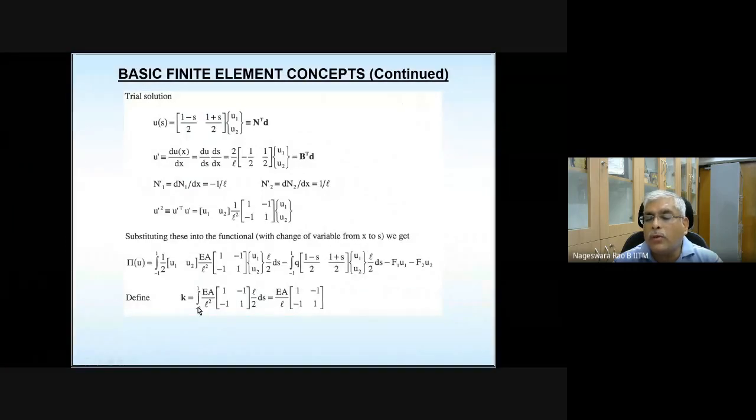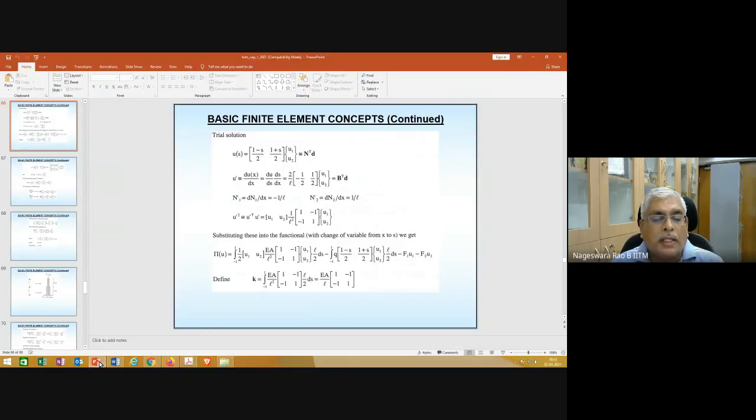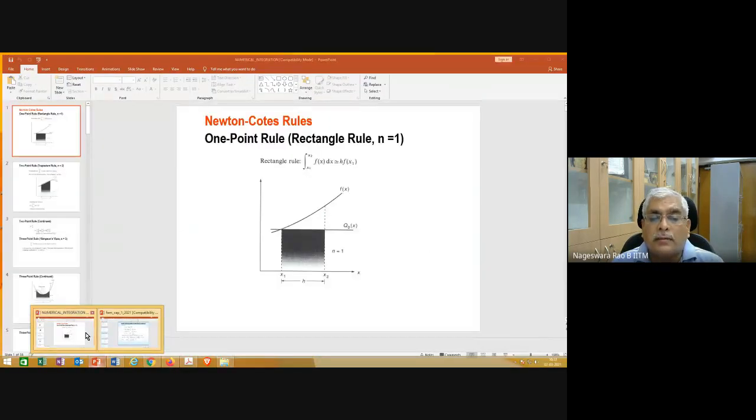So in that case, how to do this integration in an easy manner, so that it's implementable in commercial software, or you can easily implement it when you're writing a code? For that, we'll spend some time on numerical integration.